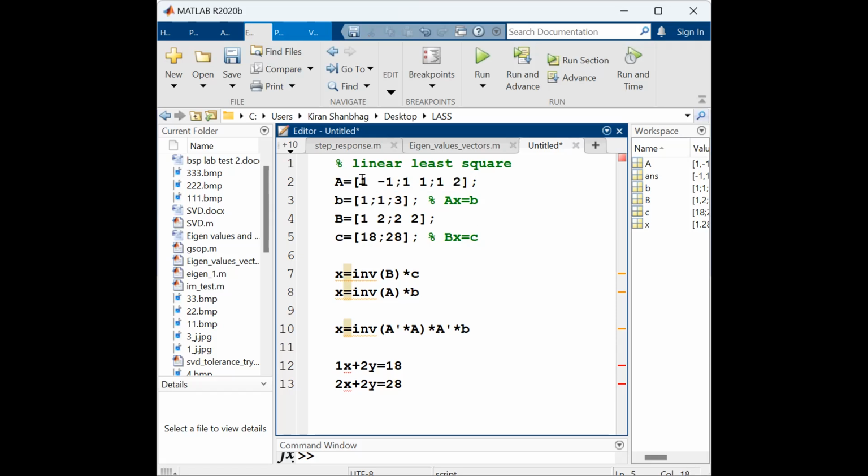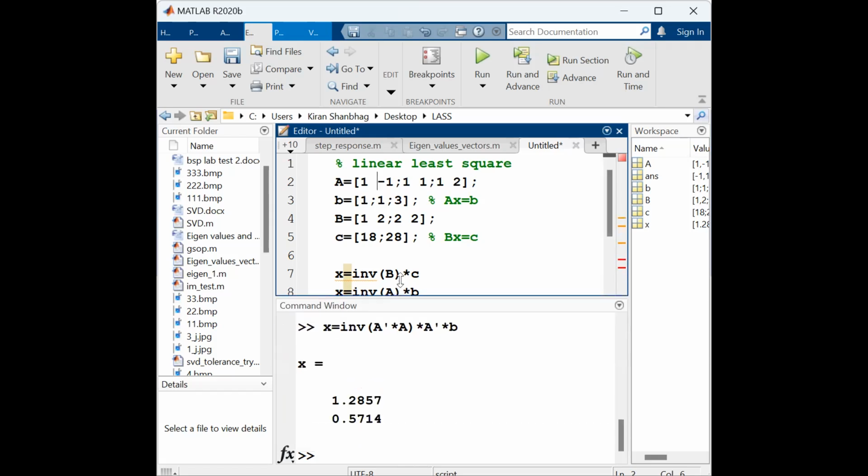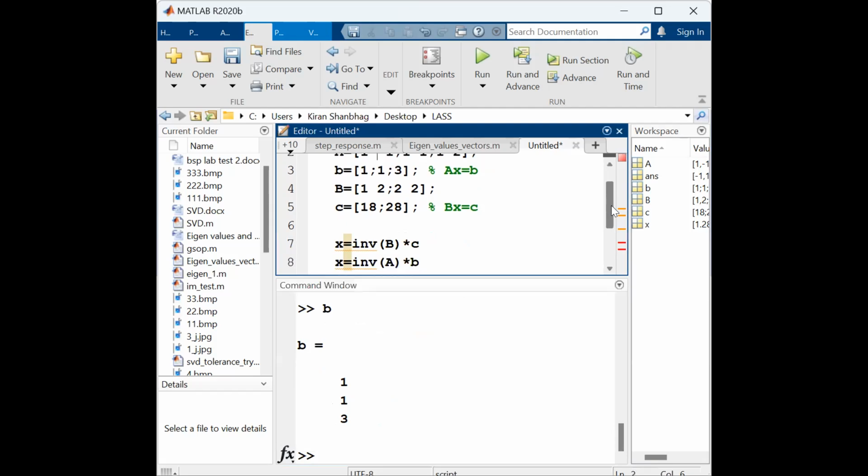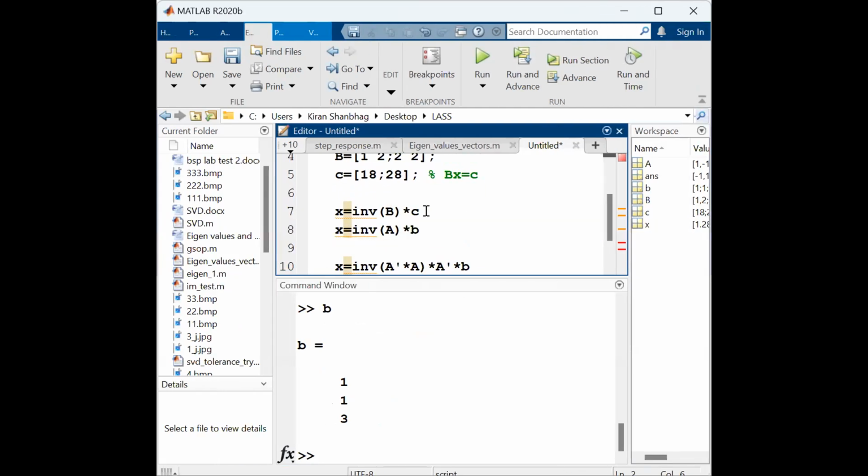This is an example of an overdetermined system. What is the size of this A? Let me type this A. See here, A is 3 cross 2, and B is 3 cross 1, but the number of unknowns here is only 2.